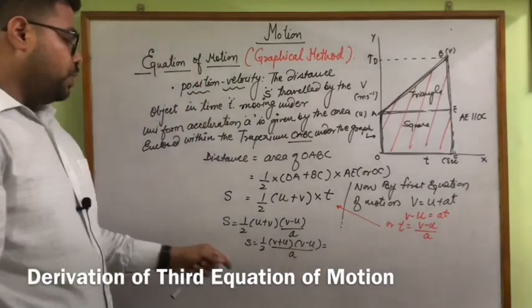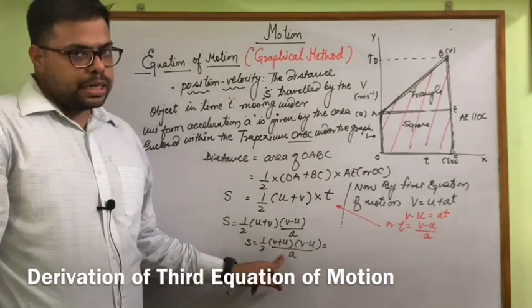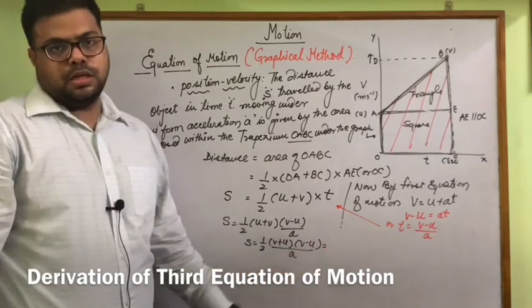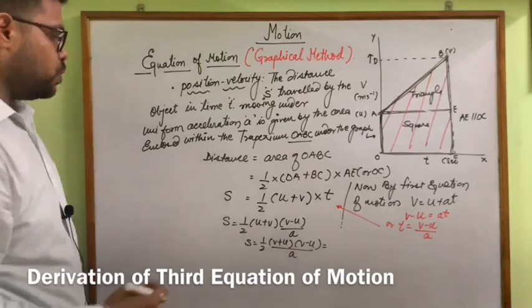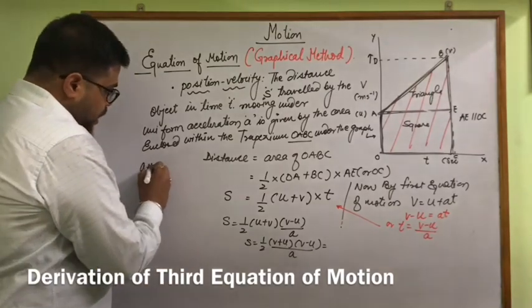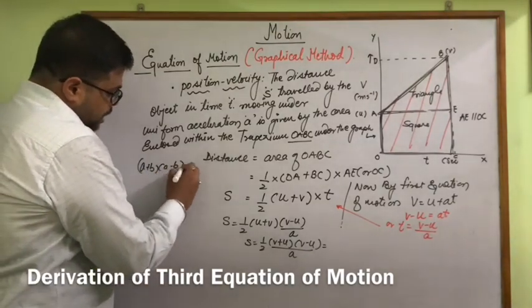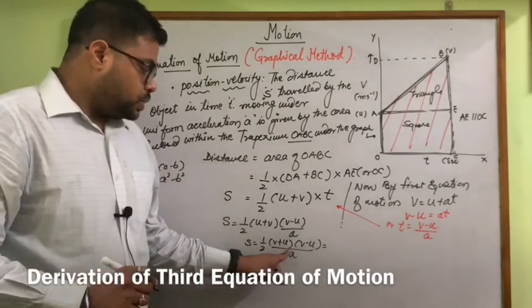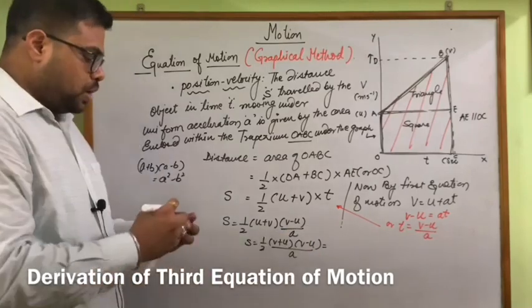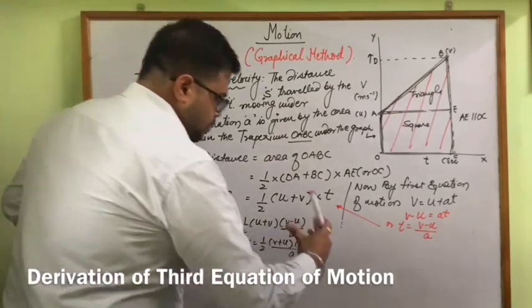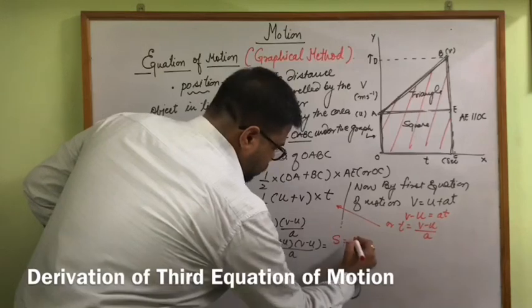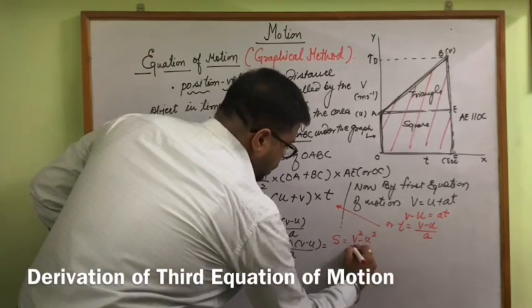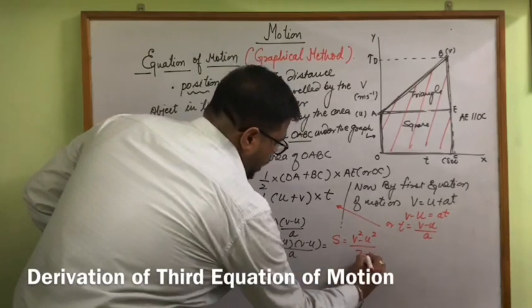Now we know a very important identity in algebra: a plus b times a minus b is a square minus b square. So here v plus u and v minus u gives v square minus u square upon 2a.